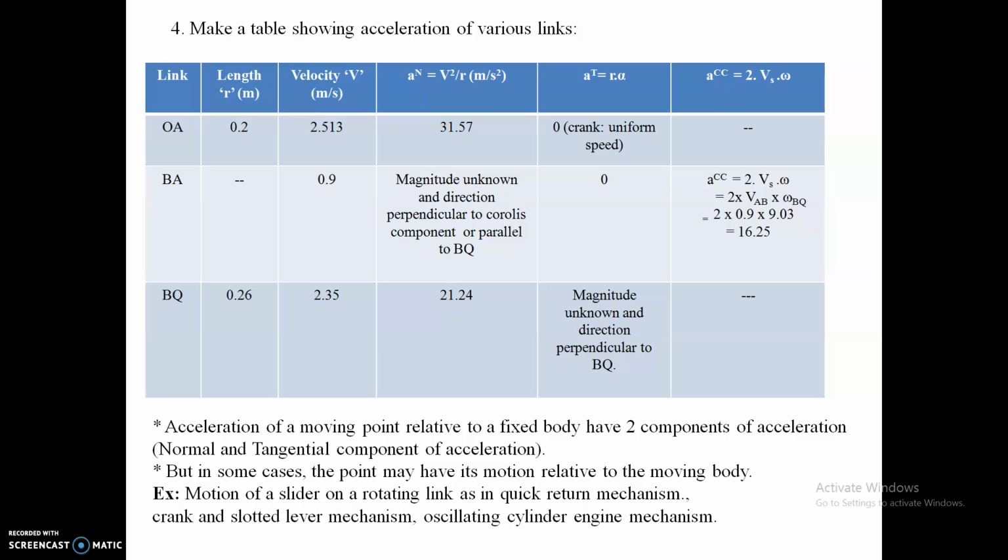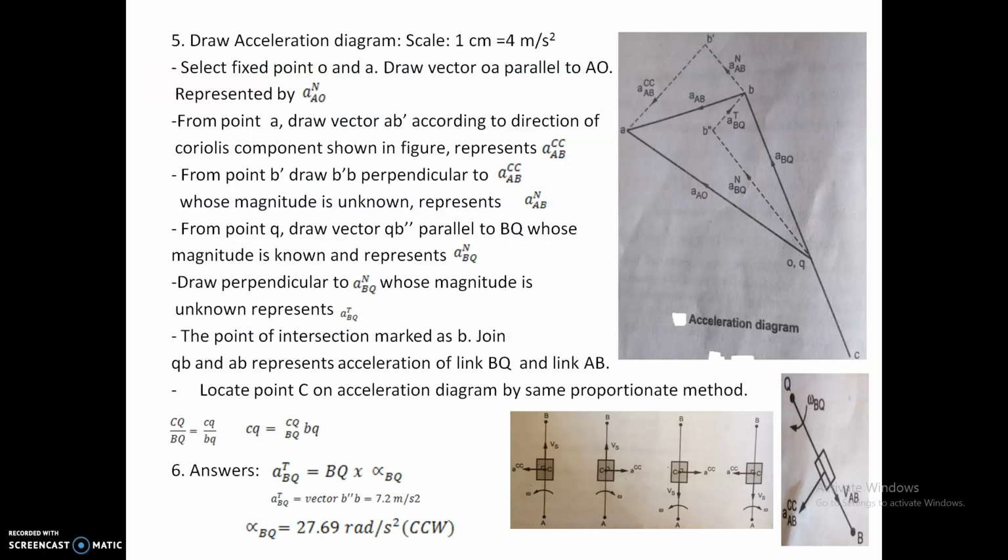So you will get the Coriolis component magnitude and the direction; the direction we will see later. In this way we can determine the magnitude of the Coriolis component for the link BA. Only this particular magnitude and how to locate the direction are the changes, and otherwise the overall process is the same. Now let's see the acceleration polygon.